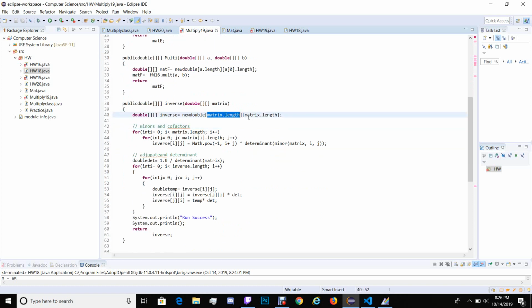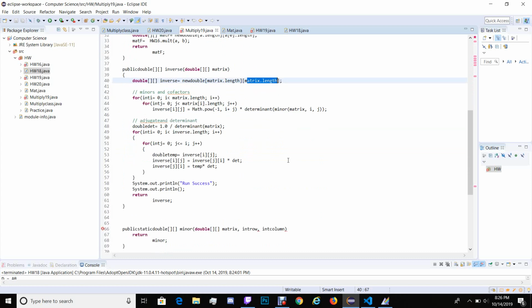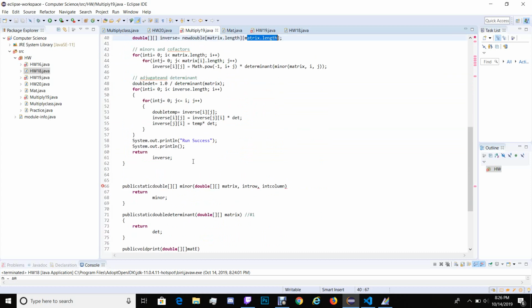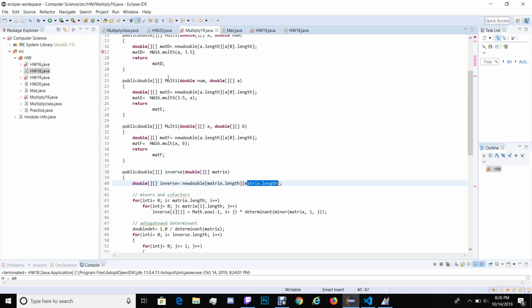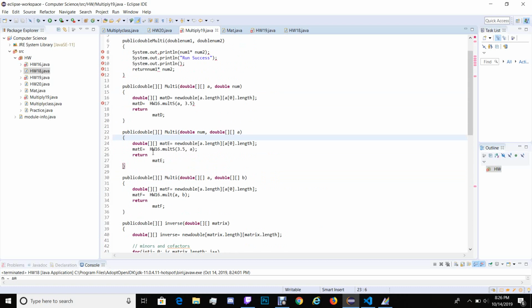We have length and times another length, talking about two matrices. We have just normal multiplication. We have a number times a, which acts like a scalar. And I also pulled from another homework, 1.6, which also dealt with multiplication.